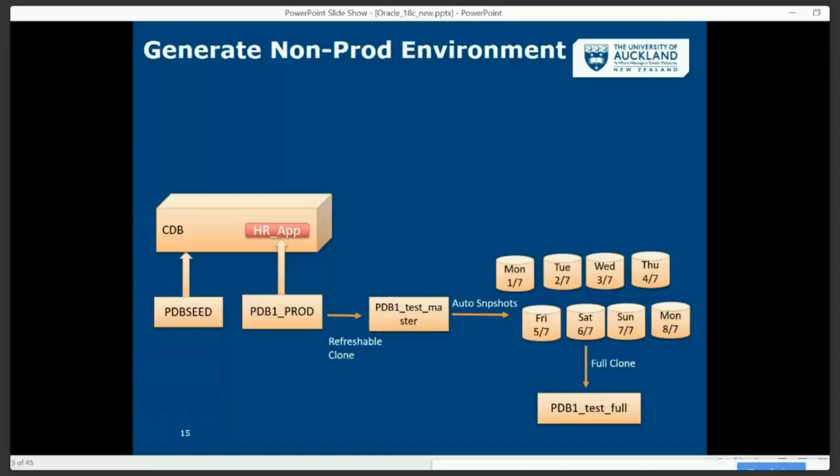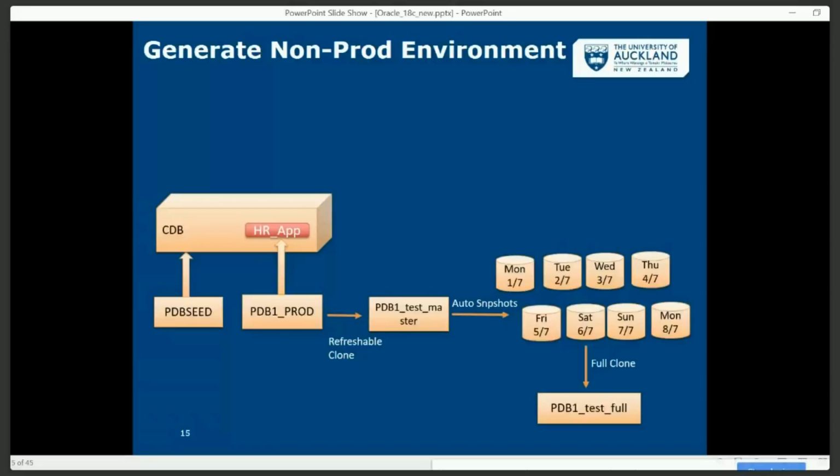So now I want to create a full test environment, a test PDB or development PDB or UAT PDB. I want Saturday's data, I can get it from that snapshot. Here also I can set auto snapshots at 11 o'clock or 10 o'clock before the pay run, or maybe before the application upgrade.